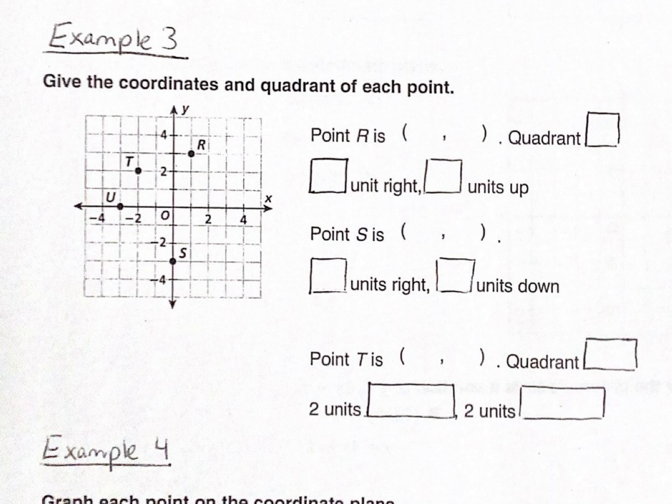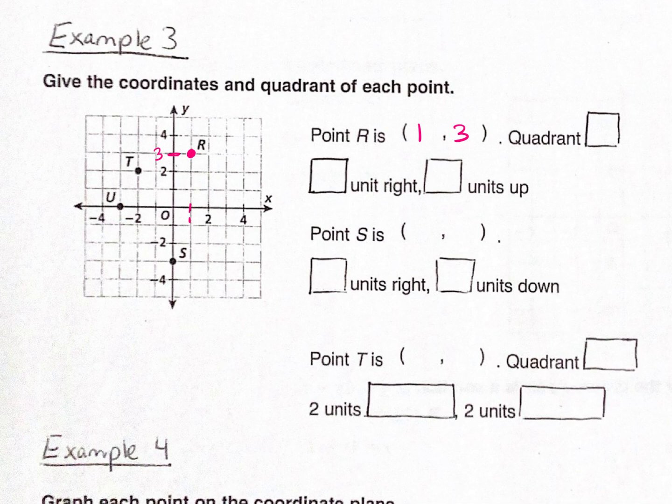Example 3, we're going to give the coordinates and quadrant of each point. So the first one says point R, which is here, is the ordered pair. Well, that's where the x value is 1 and the y value is 3. So it's the ordered pair (1, 3), because it's always the x and the y coordinate.